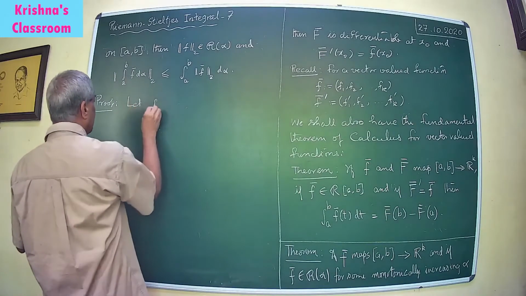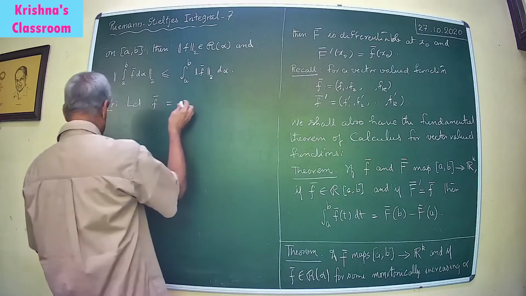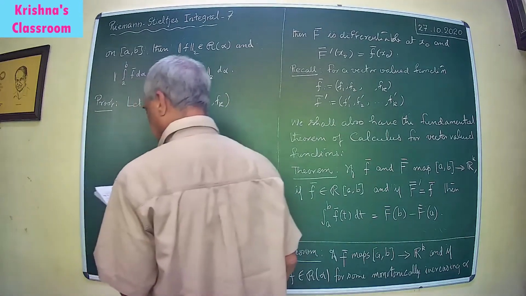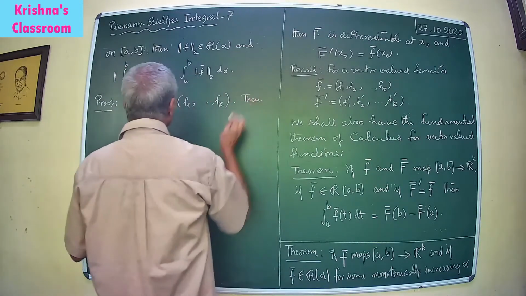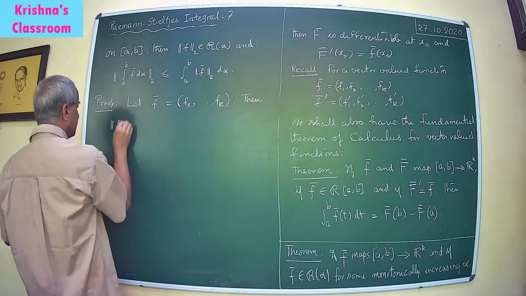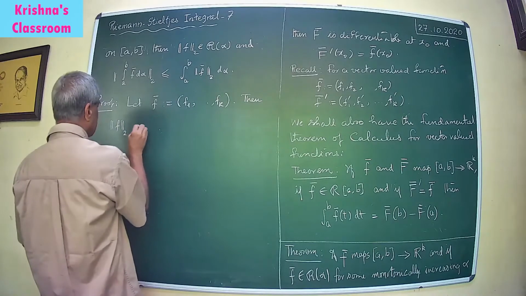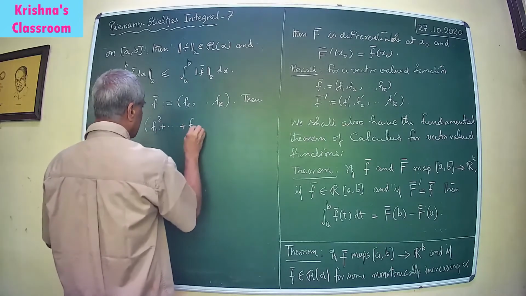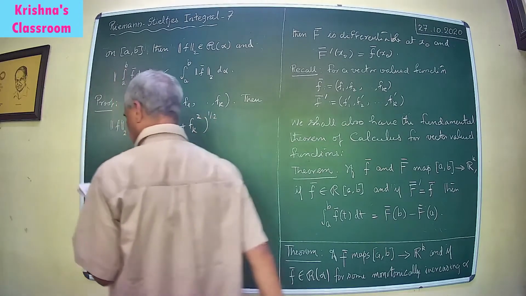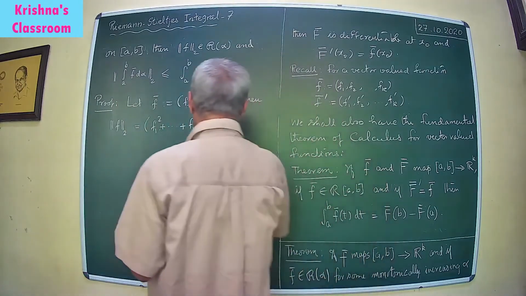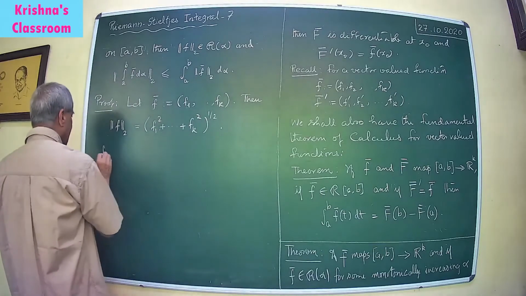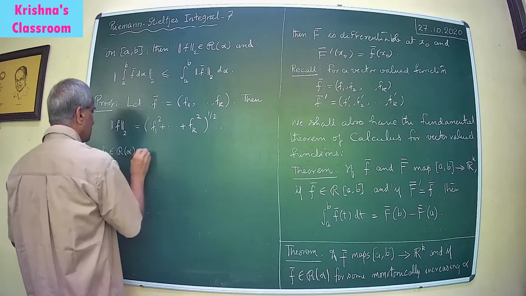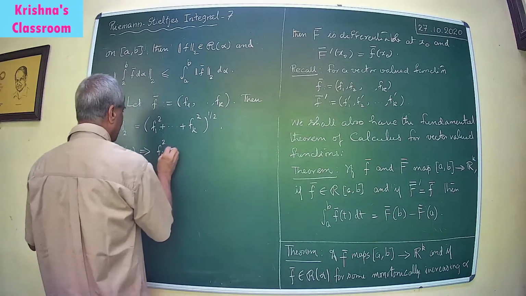Let f1 through fk be real valued functions, and define f as the vector valued function. Now we know that the fi are all real valued functions. fi belongs to R(alpha) implies fi square belongs to R(alpha).